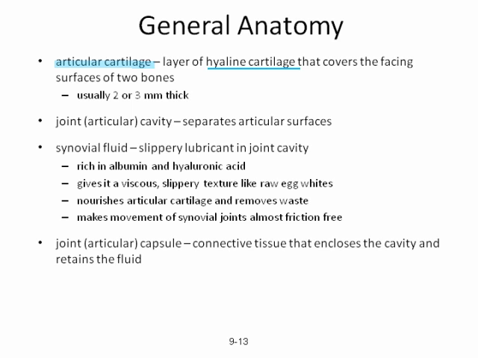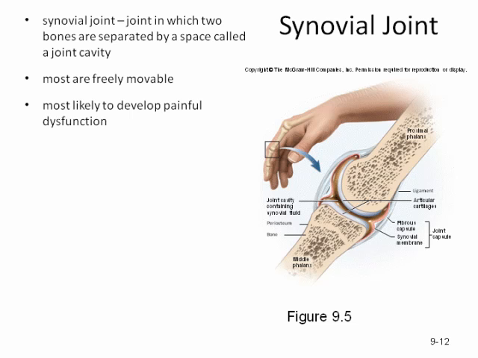All right. If we go back to the previous slide, we can see this here is the articular cartilage. Bad placement of the arrow. There's the articular cartilage right there.